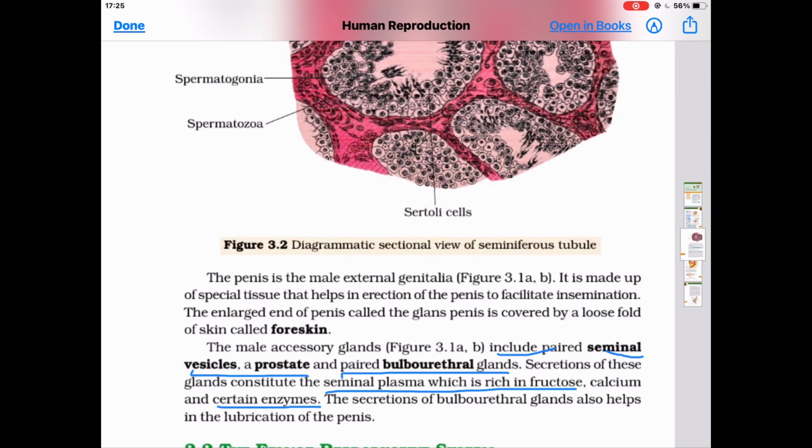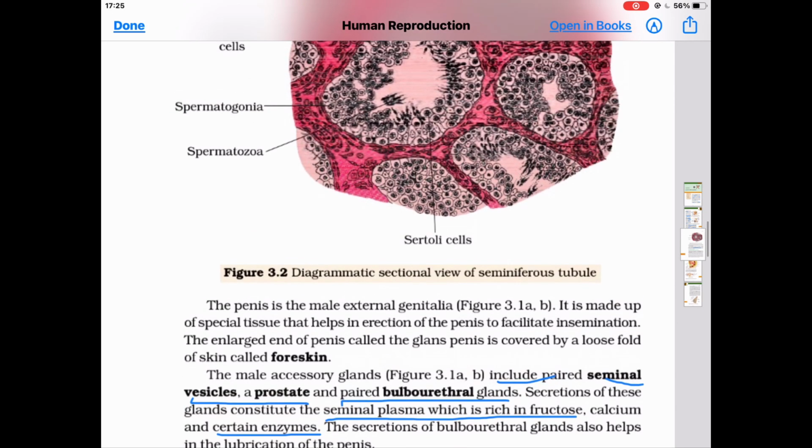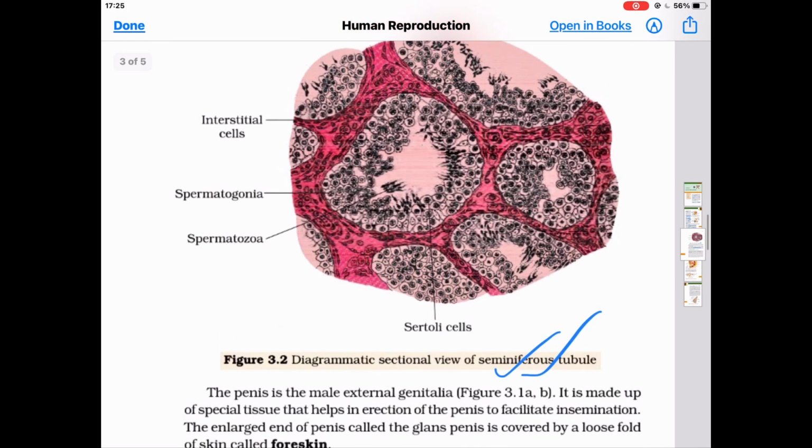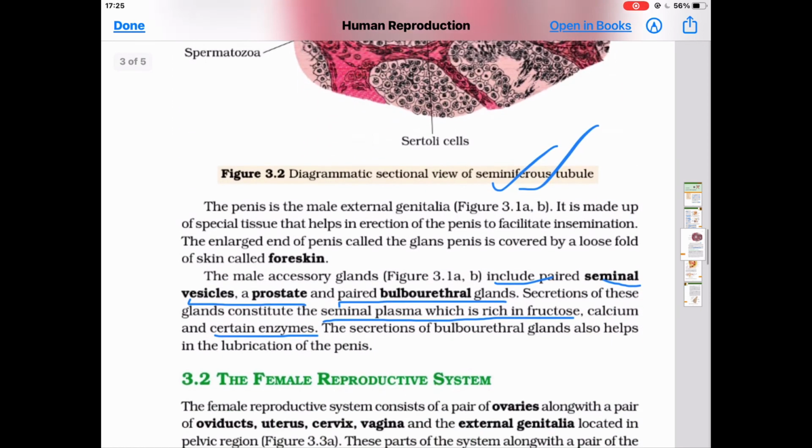So this is the important part in male reproductive system. The diagram of seminiferous tubule is very important. This is in your practical also under the spotting. So learn this diagram.